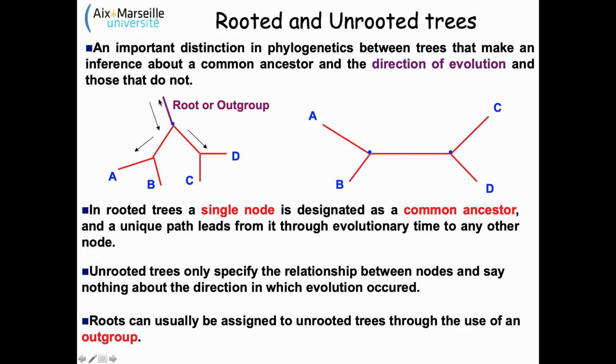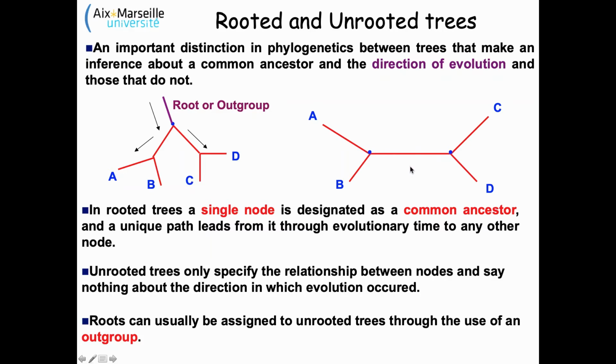You know that the evolution starts here, and then we have the speciation between the group of CD and the group of AB, and then you move to get A, and then to get B, and in other branches, you move to get C and D.